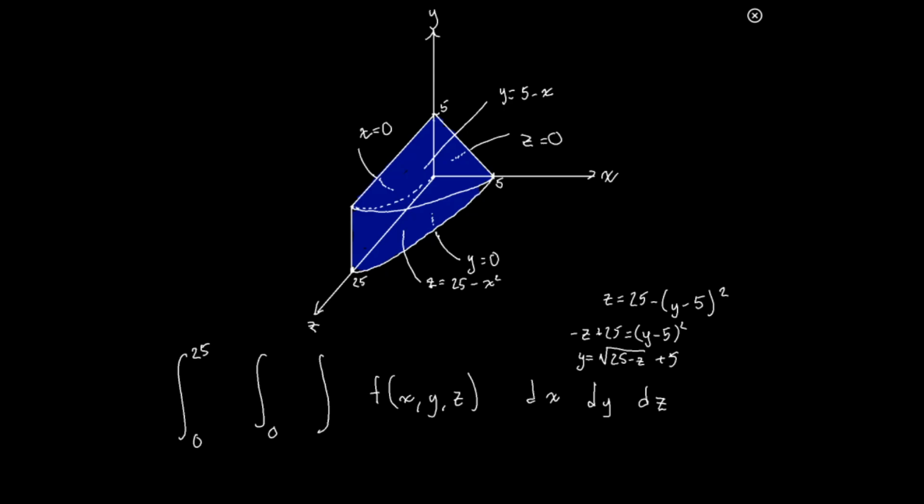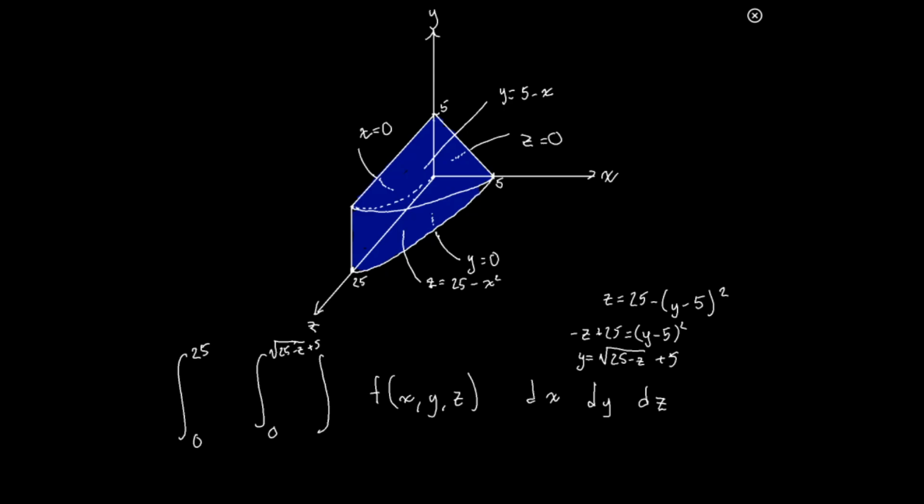Okay, then we would plug that in as our upper bound, and that would be 25 minus z plus 5. And then from there, we would have our x values.